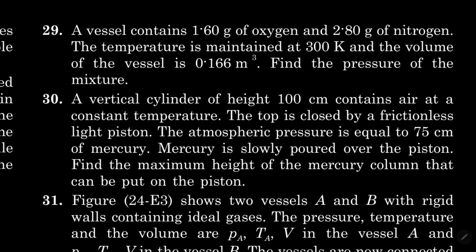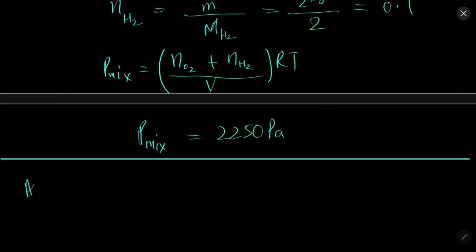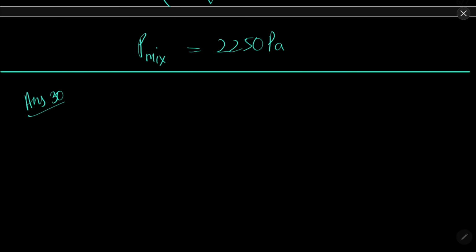In question 30, we need to find the maximum height of the mercury column that can be put on the piston. Solution 30.